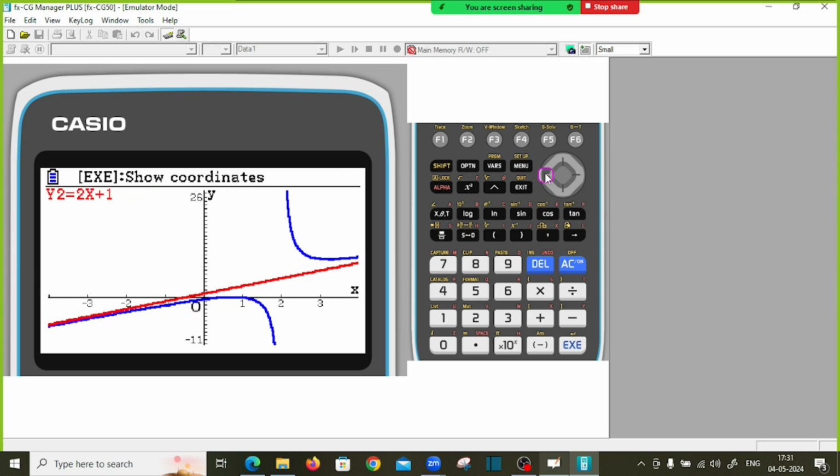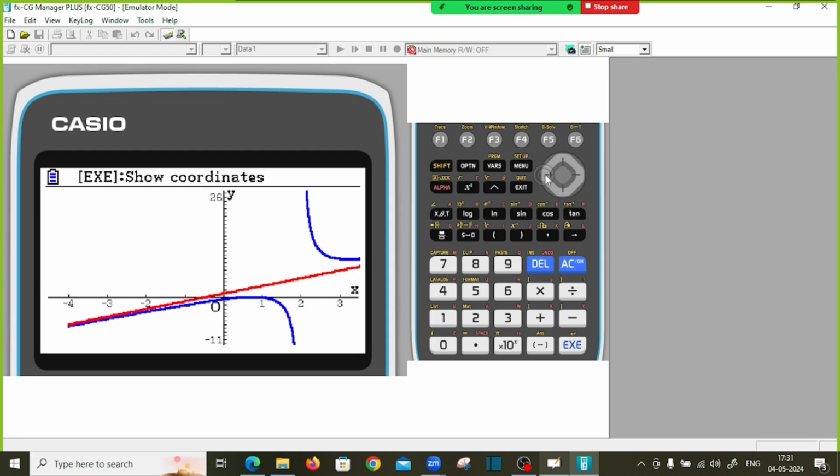See, I am shifting my x towards minus infinity. You can see that both the lines move parallelly to each other. Similarly, when you shift this cursor to the right-hand side, again you will see that it is moving parallelly to the red line. So this red line is itself an asymptote of this function.